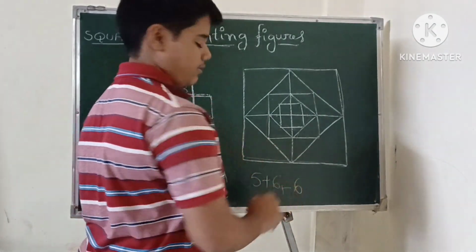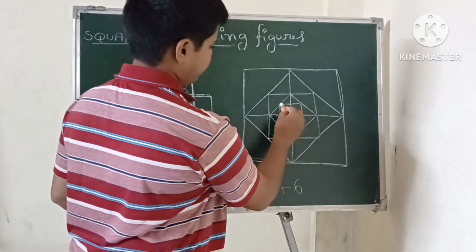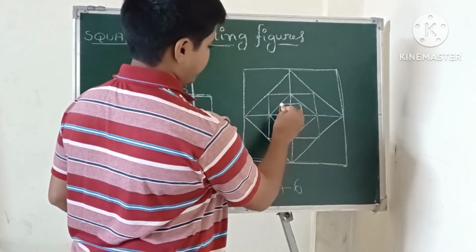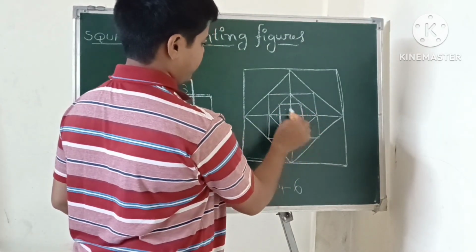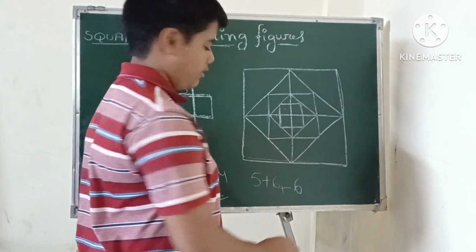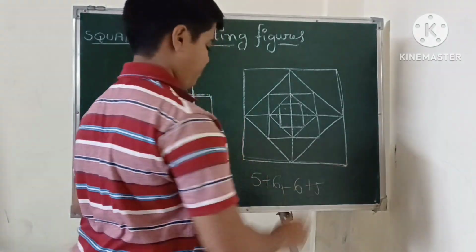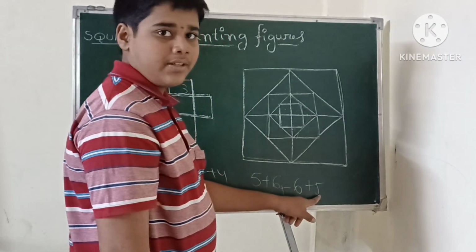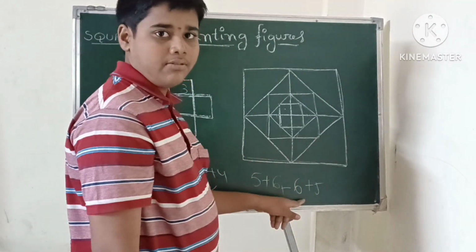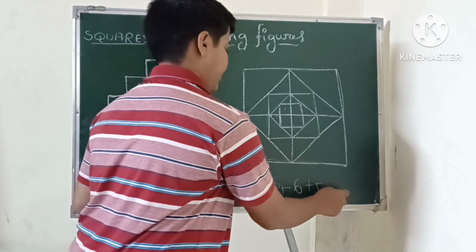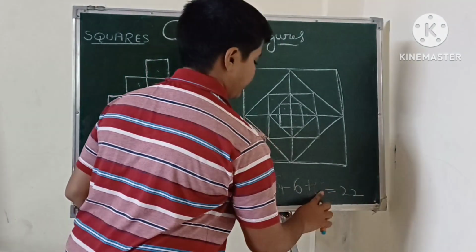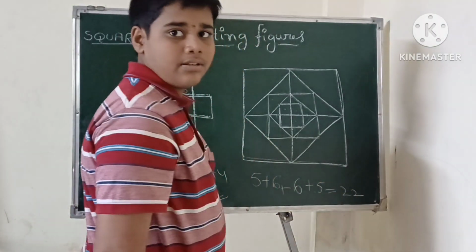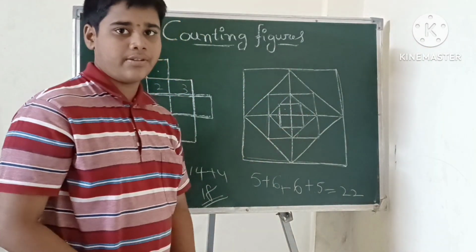So plus 6. And this is the last square, which means 1, 2, 3, 4 and big square 5. So we have to add plus 5. 5 plus 5, 10. 6 plus 6, 12. 10 plus 12, 22. So 22 squares are there in this figure. Okay.